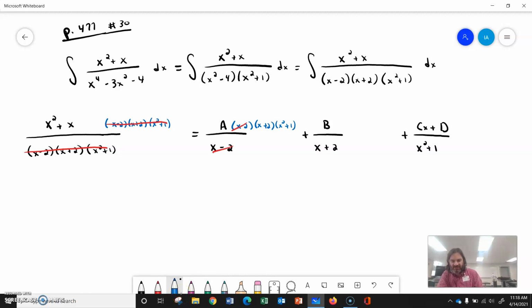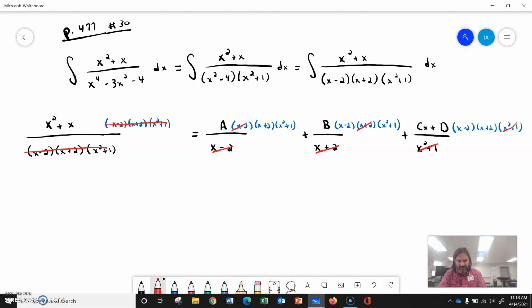And then the second one, the b over the x plus 2, multiply by the same stuff. And the x plus 2 will cancel out. And the last one, cx plus d over x squared plus 1, will multiply. And the x squared plus 1 will cancel out.